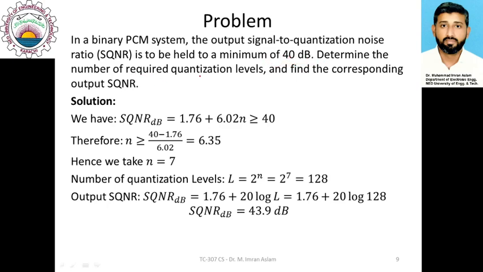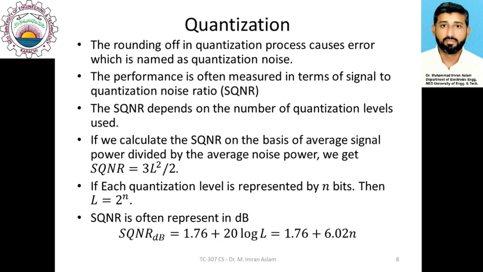Determine the required number of quantization levels, that is L, and we also want to find the corresponding output SQNR. What will be the resultant value of the signal to quantization ratio? If we use this expression here, you can see SQNR in dB is defined by this relationship, that is 1.76 plus 6.02 n.